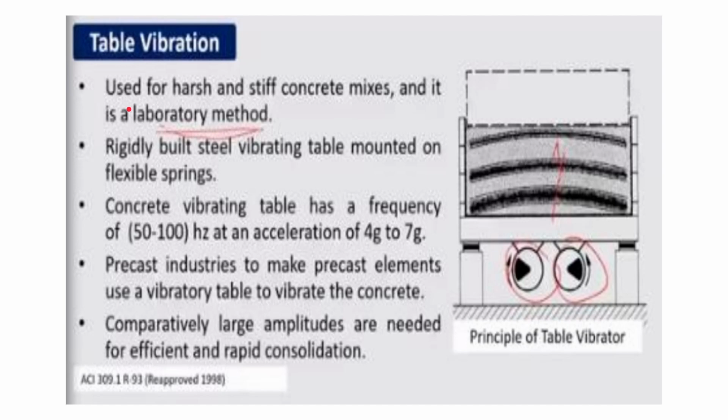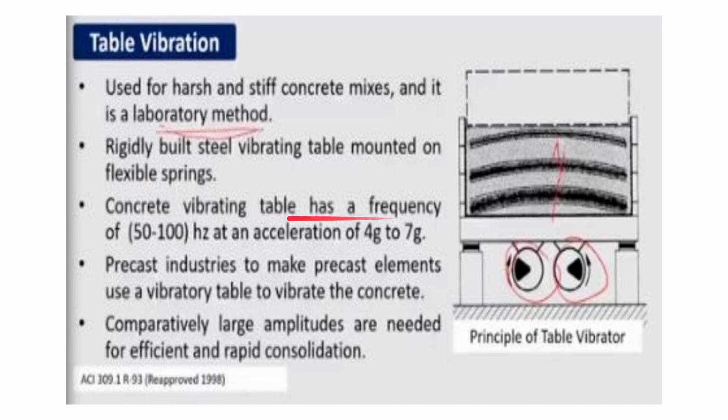Now let us come to table vibration, the one which we generally use in the lab, which we also use in our lab. It is used for harsh and stiff concrete mixes, and it is a laboratory method. As you can see here, it is also mentioned. It is basically a laboratory method, though it can be used in situ in practical applications. It is a rigidly built steel vibrating table mounted on flexible springs.